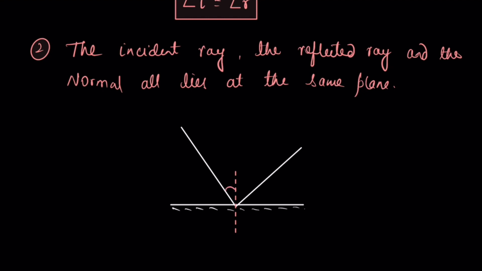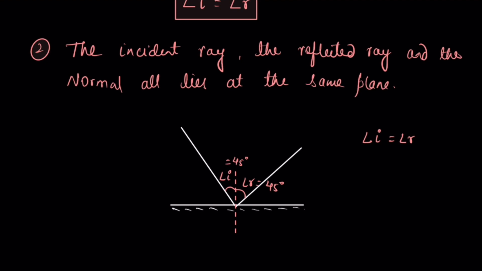If this is your angle I, this is the angle R. So according to the law of reflection, angle I will be equal to angle R. It means that if angle I is 45 degrees, then angle R must be 45 degrees. And this is a universal law. It doesn't depend upon the surface or any other circumstances. If the incident ray and normal make a certain angle, the reflected ray and normal will make the same angle.